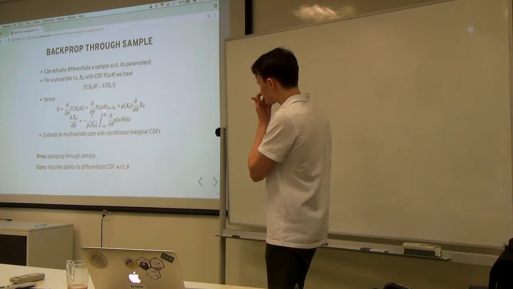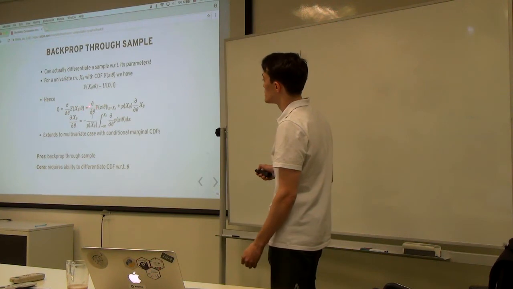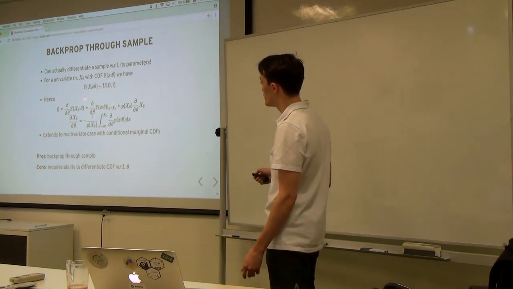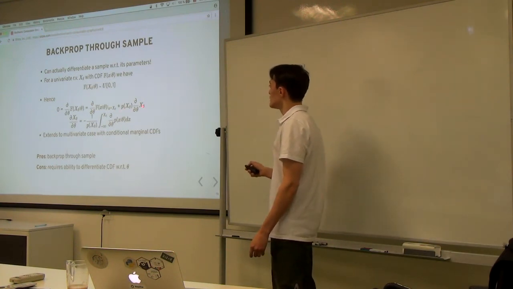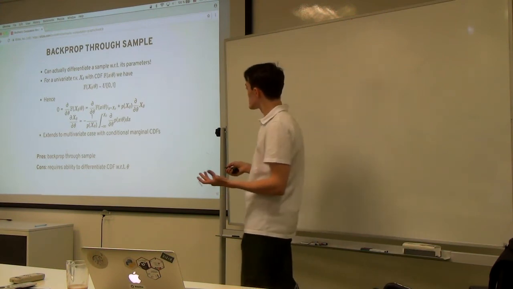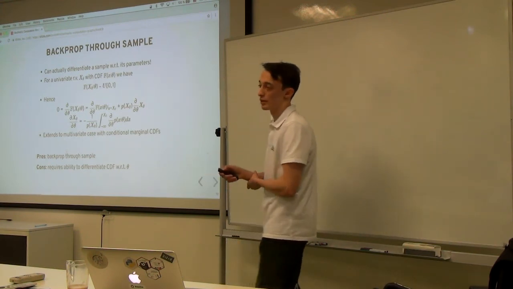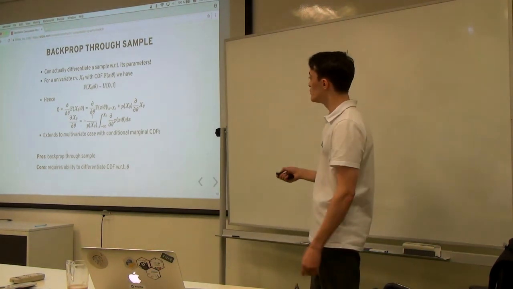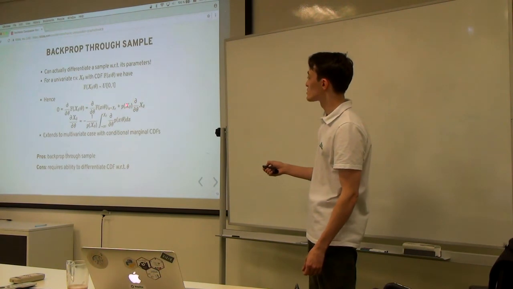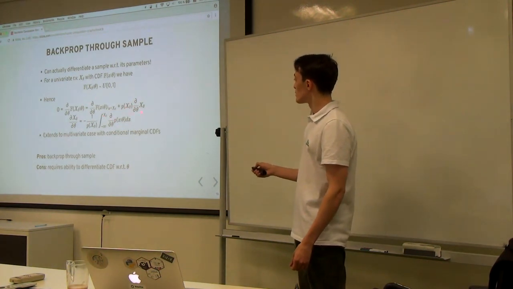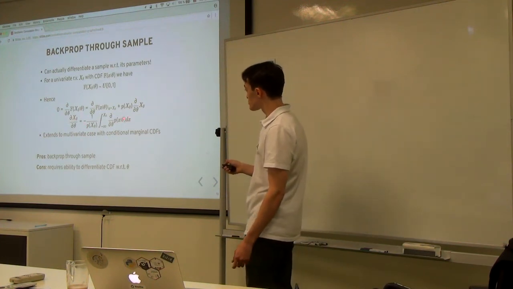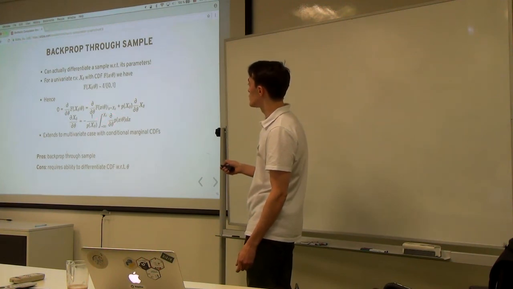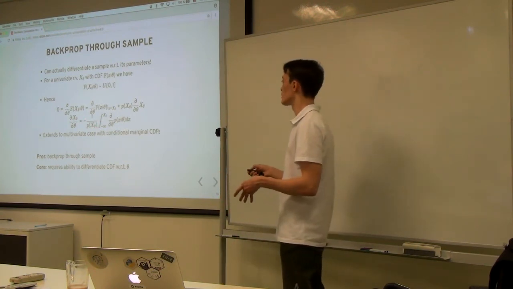First is the gradient of your CDF with respect to theta, and the second is your density at the given sample times the gradient of the sample with respect to theta, which is what we're actually looking for. If you rearrange the terms, these two things sum to 0. So what you get is that the gradient of your sample is proportional to the gradient of the CDF with respect to theta, with a negative weight of 1 over density.